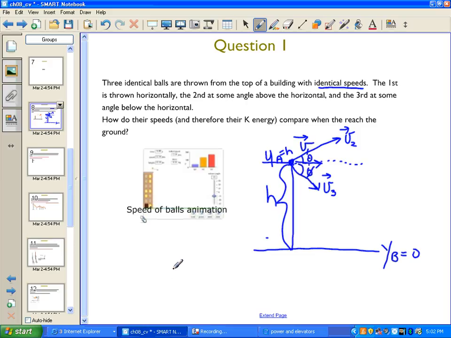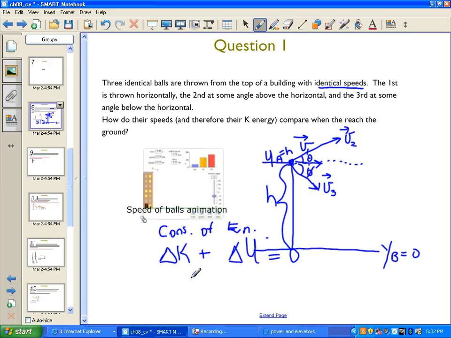The only thing that matters here in terms of conservation of energy is the fact that we have no non-conservative forces, and so any change in the kinetic energy of the ball has to be matched by the opposite change in the potential energy.